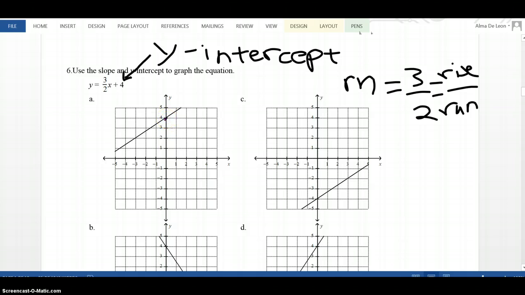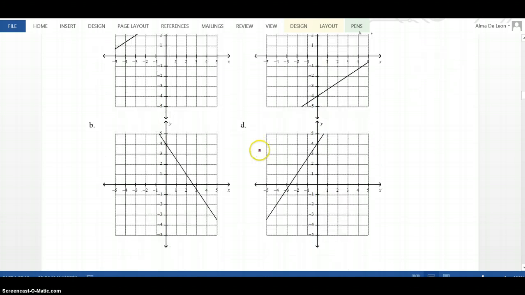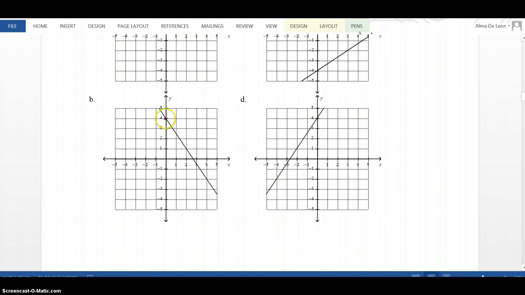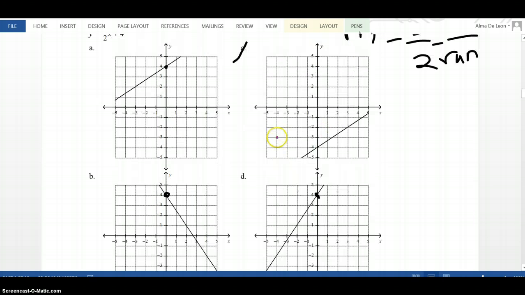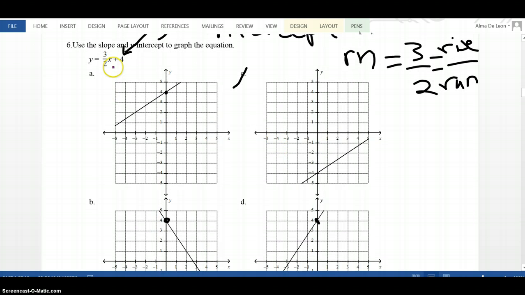A does have a y-intercept of 4, that could possibly be an answer. B does not. B is wrong automatically. C has a y-intercept of 4, that's true. And D has a y-intercept of 4, so that could be an answer. But looking at my slope, I see that my slope is positive.